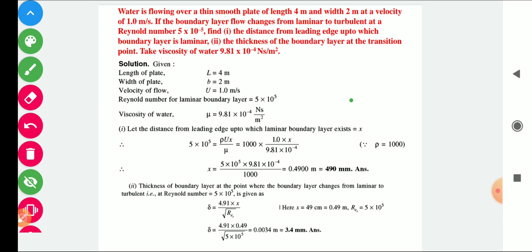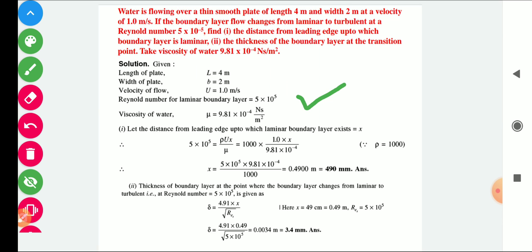The length of the plate is given as 4 meter, the width is given as 2 meter, and the velocity of the fluid is 1 meter per second. The Reynolds number for the boundary layer transition is 5 into 10 to the power 5. The viscosity of water is 9.81 into 10 to the power minus 4 Newton second per meter square.